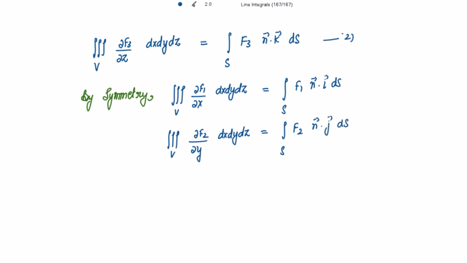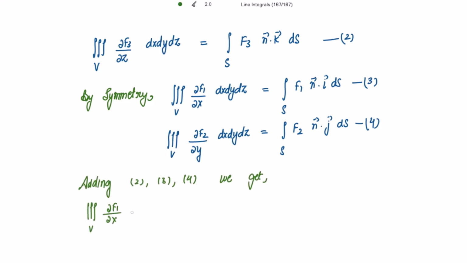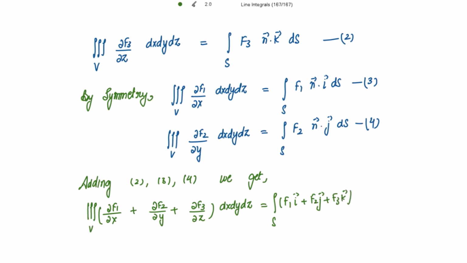Please mark this as 2, this as 3 and this as 4, and adding all these we get the volume integral of ∂f1/∂x plus ∂f2/∂y plus ∂f3/∂z dx dy dz equal to the surface integral of f1 i vector plus f2 j vector plus f3 k vector, dot product with n vector, ds.